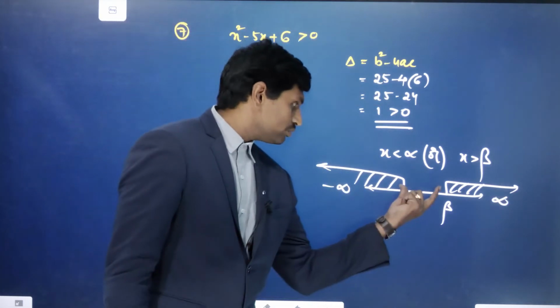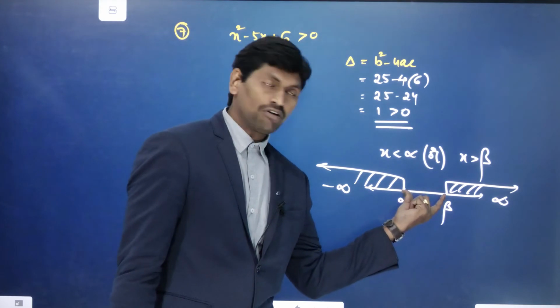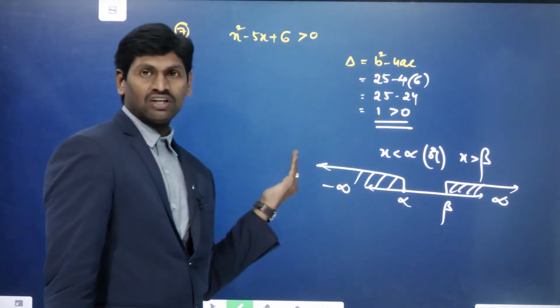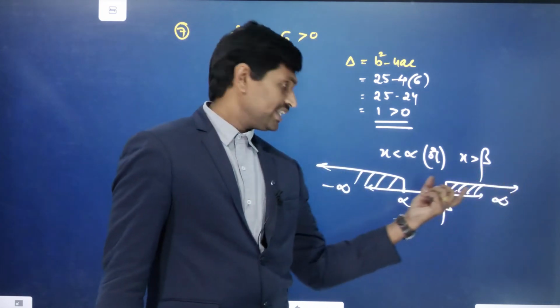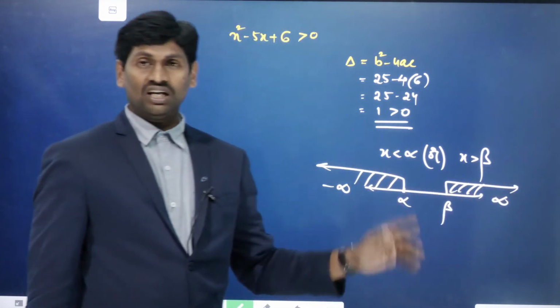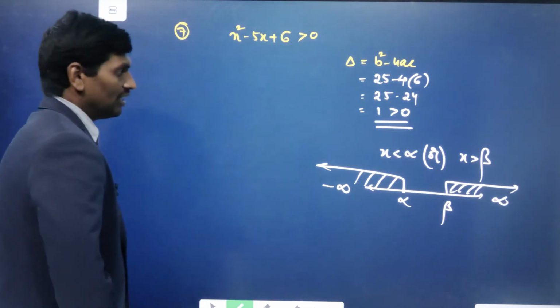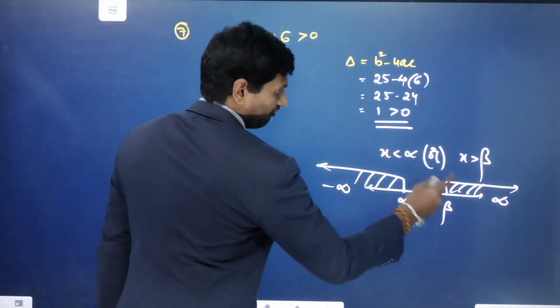But x value will not lie between alpha and beta. It can be less than alpha unto infinity, greater than beta up to infinity, but it won't lie between the roots. Now, we have to find alpha and beta.